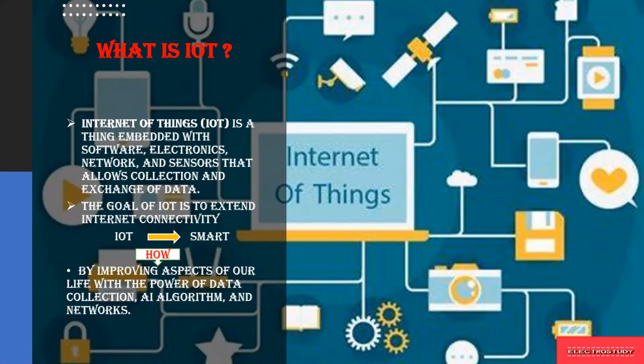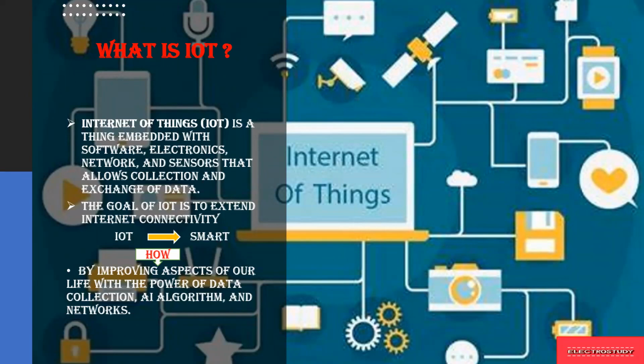Hardware consists of electrical, electronics, networks, sensors, actuators, etc. All these hardware are combined with software, which makes the hardware work, and n number of people can access everything. You can also put it in a different way: it allows collection and exchange of data. You can play with data, collections of information.